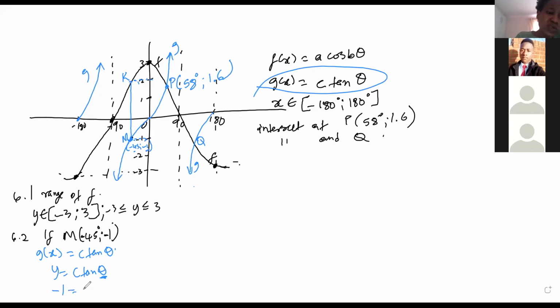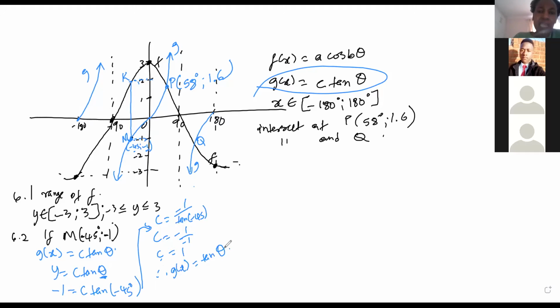So we have -1 = C tan(-45). So C is -1 over tan(-45), and tan(-45) should be -1 also. So C is -1 over -1, which is 1. Therefore, graph g(x) is actually just tan theta because C is 1. Okay, so that's that part.